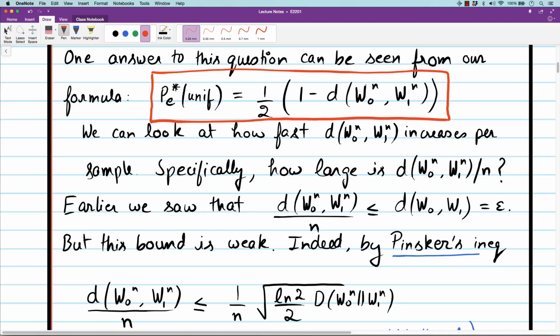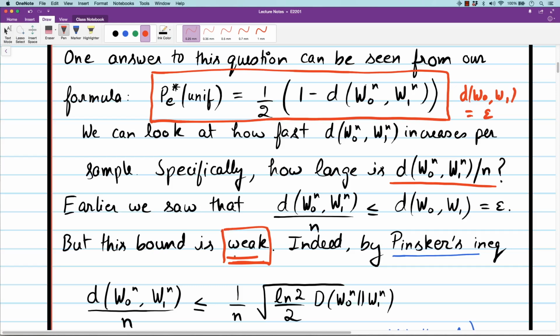Specifically, we want to understand how large d of W_0^n and W_1^n, divided by n, is. Remember that d(W_0, W_1) for a single coin toss is exactly equal to epsilon. You can check this. Earlier we saw that this total variation distance is subadditive, whereby this distance is at most epsilon. And we mentioned that this bound is weak, in the sense that we can improve it.